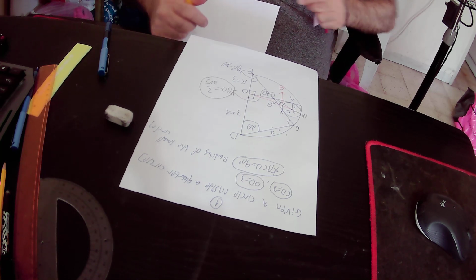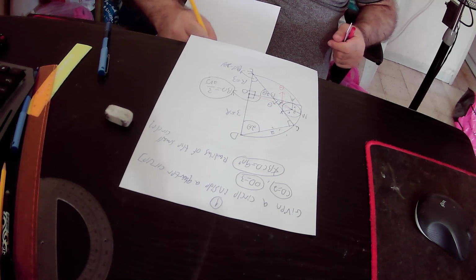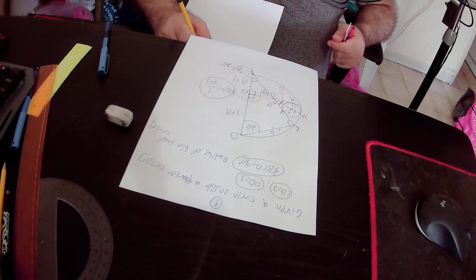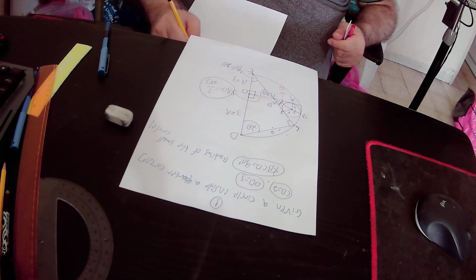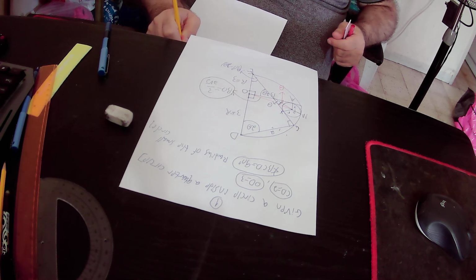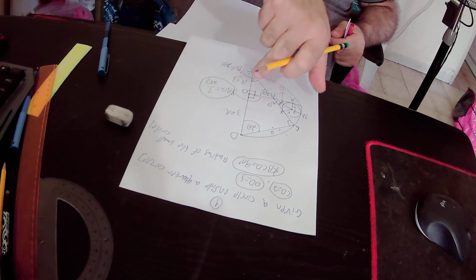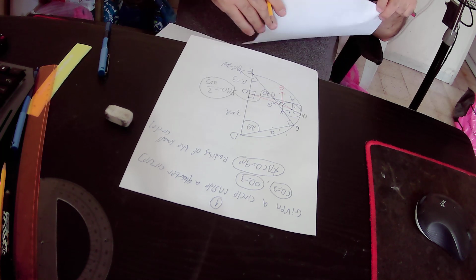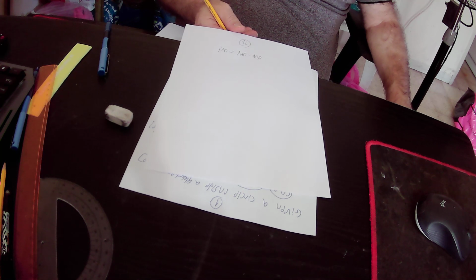It equals capital R. Or we can say that PO equals MO minus MP. Again, PO equals MO minus MP.